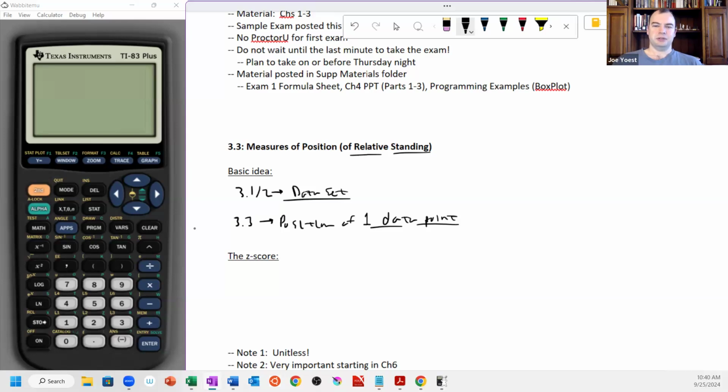We could even say one data value or one potential data value. We can talk about a potential data value that might not be a member of the data set as we have it now, and we could still answer a similar question. But it's the position of one data point, one data value, or one potential data value relative to the other data points.